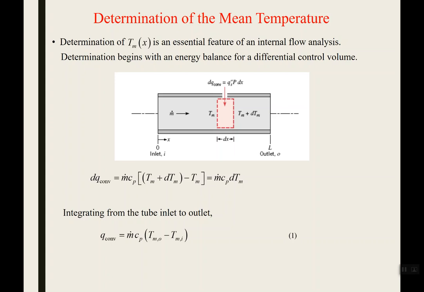It was just Newton's law of cooling, that Q is equal to h times A times delta T. That gets complicated now when you have flow going through some kind of a channel because the fluid itself changes and it might heat up or cool down as it goes down the length of the channel. So that means we have to come up with other ways. That simple version of Newton's law of cooling doesn't quite apply, and that's because your delta T isn't constant as a function of distance down your pipe or your channel.